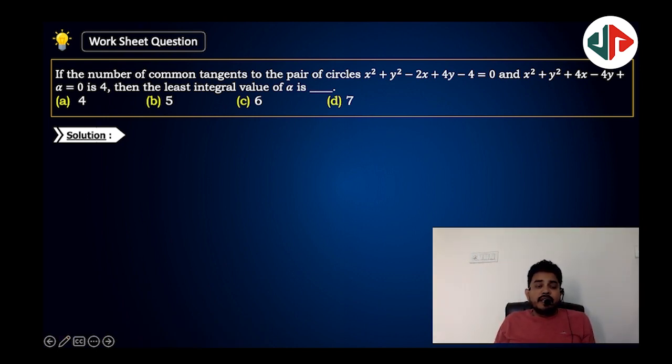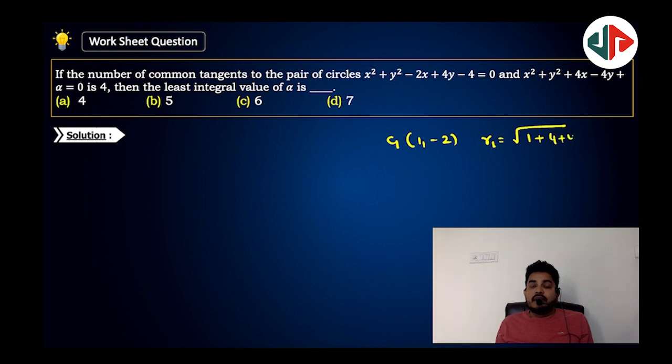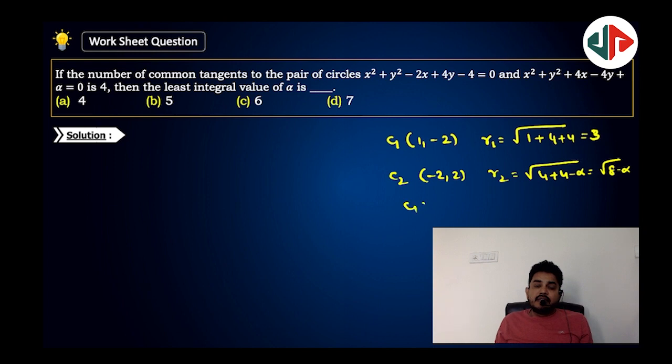Number of common tangents. So C1, the center, is 1 comma minus 2. Radius is equal to square root of 1 plus 4 plus 4, which is 3 units. C2 is minus 2 comma 2. Radius is equal to root over 4 plus 4 minus alpha, 8 minus alpha. C1C2 is equal to root of 9 plus 16, so 5.